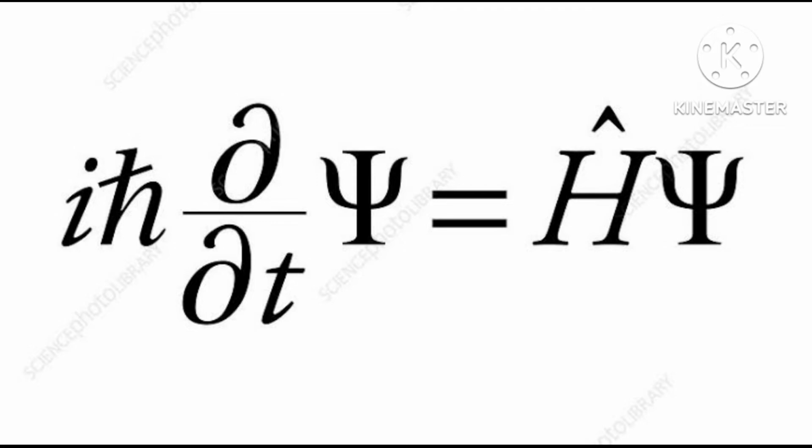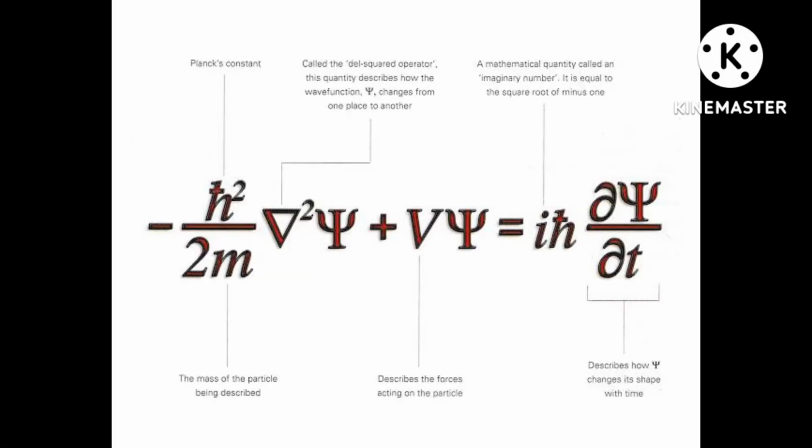Then this H psi is equal to E psi, that is a very simplified form of the Schrodinger wave equation. And here I want to tell you, we are using three terms x, y, z.